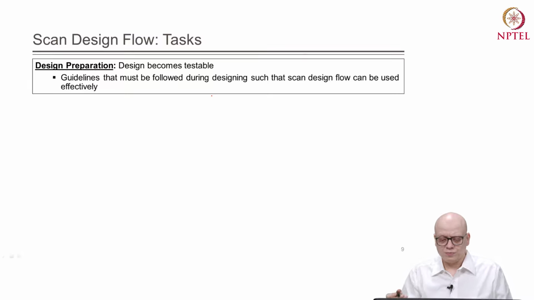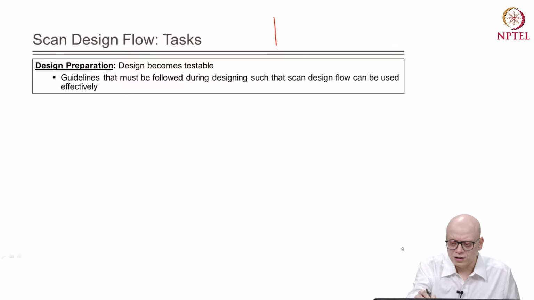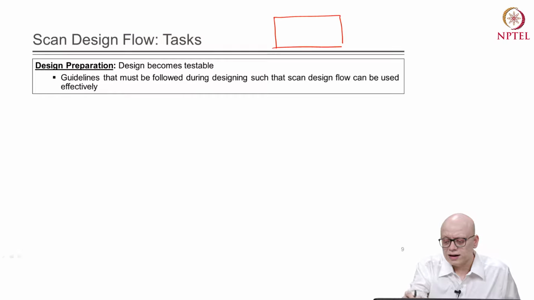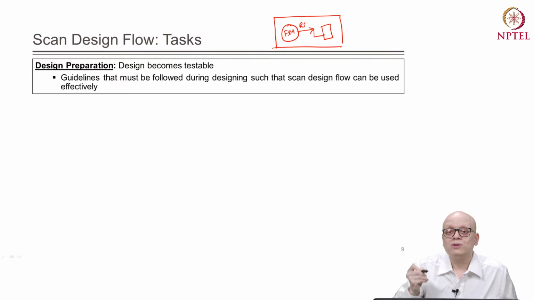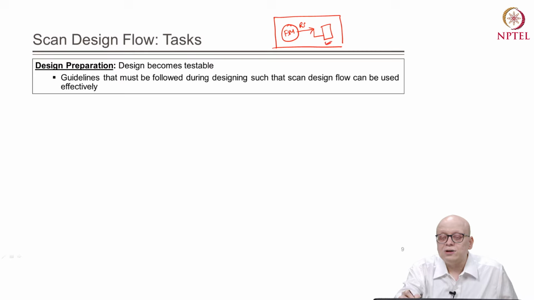For example, suppose we have a circuit and there is an internal FSM, and it is generating say a reset signal, and this asynchronous reset is going to our flip flop. This asynchronous reset is going to our flip flop, and we have actually converted this flip flop to a scan cell.